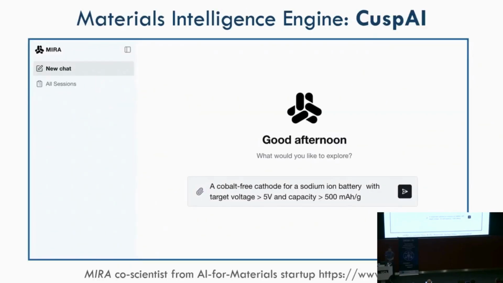So that's why earlier this year, I joined CuspAI as the Chief Scientific Officer. Cusp is a startup company, and they've been developing a materials intelligence engine to try to solve this problem. In this example, you can put in a prompt, and that's going to trigger the use of a series of scientific tools to lead you towards a solution.